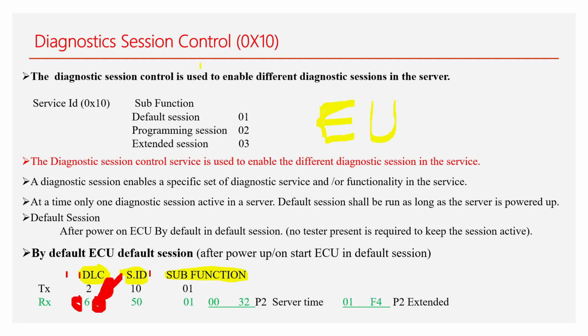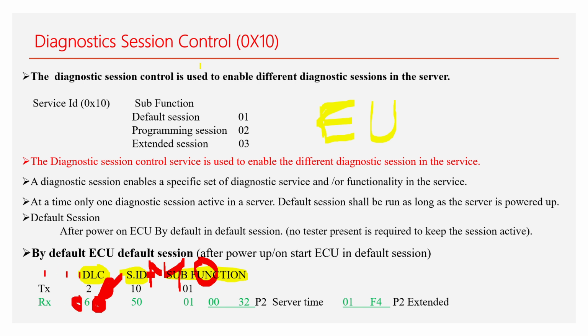In every positive response we have to add plus 40, because it is a diagnosis ISO certified. The ISO decided to add the plus 40. This is the scenario. So we have to follow the rules and regulations for this message response.